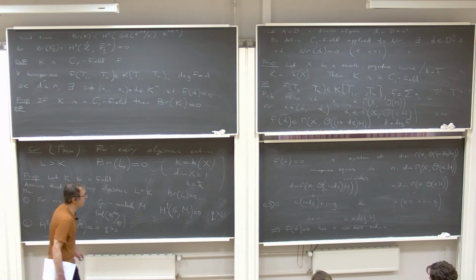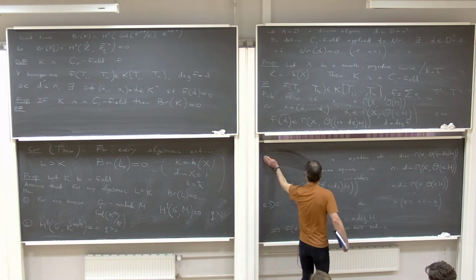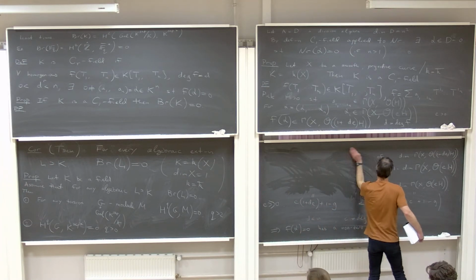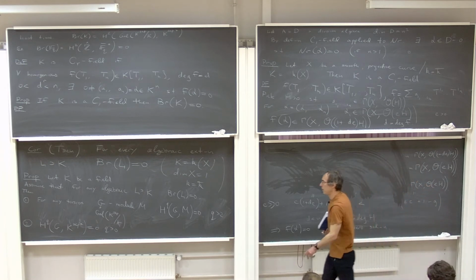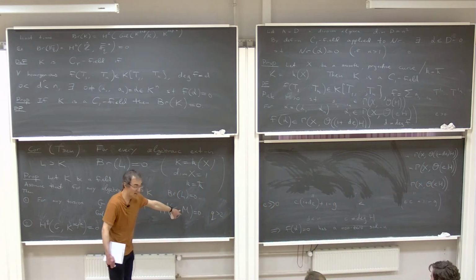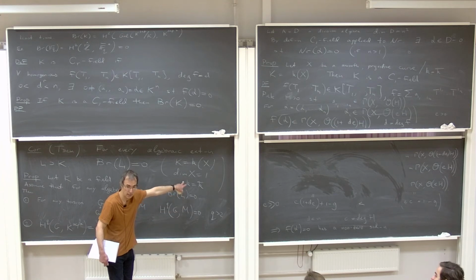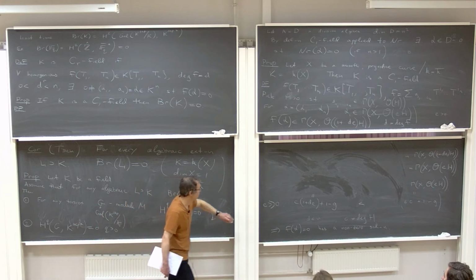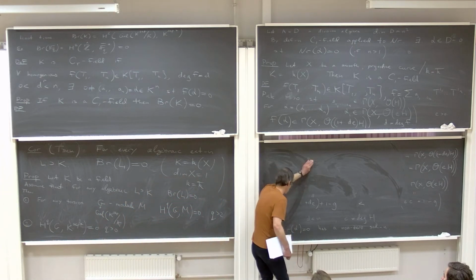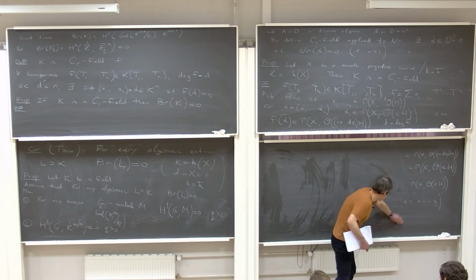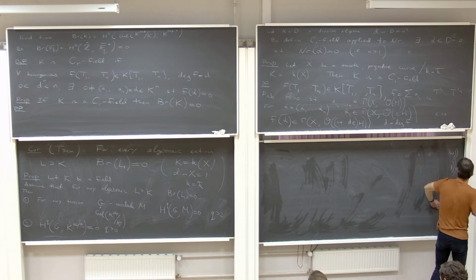So the idea is that this vanishing implies vanishing of this assertion for some M, namely for M the group of roots of unity of order l in K sep. This will be done using the Kummer exact sequence. And we reduce the general case to this special case using the method of trace.